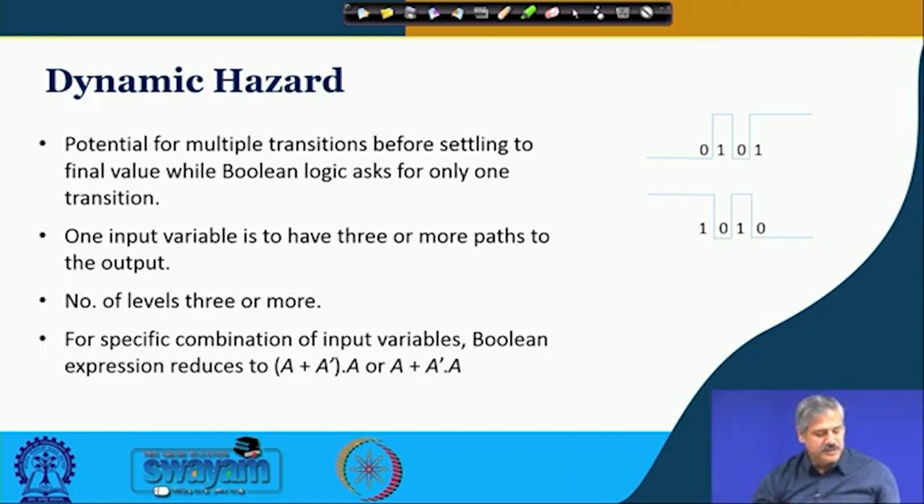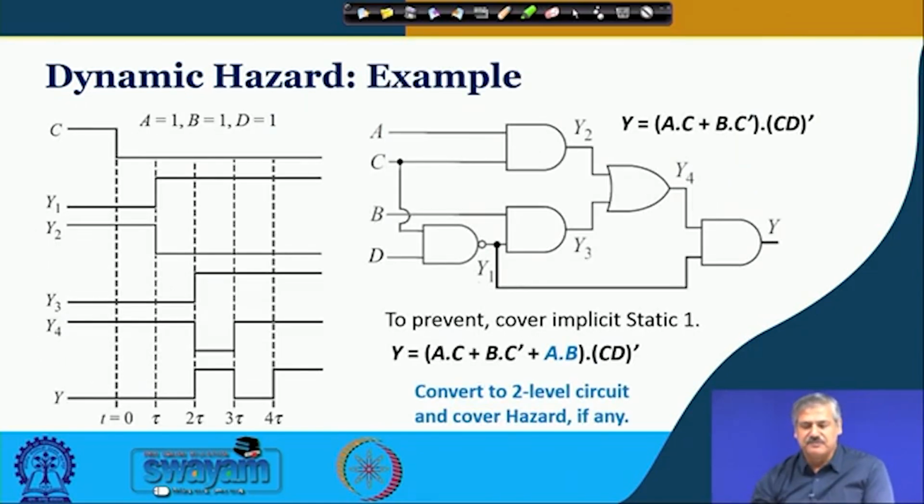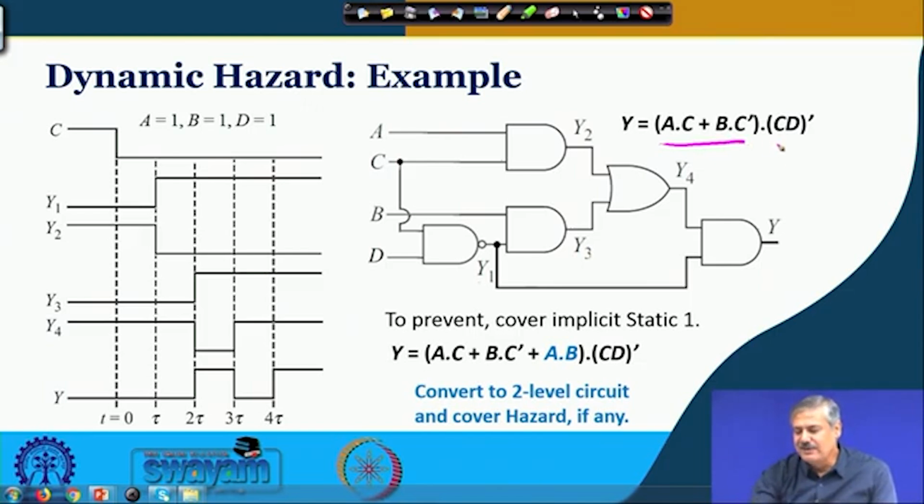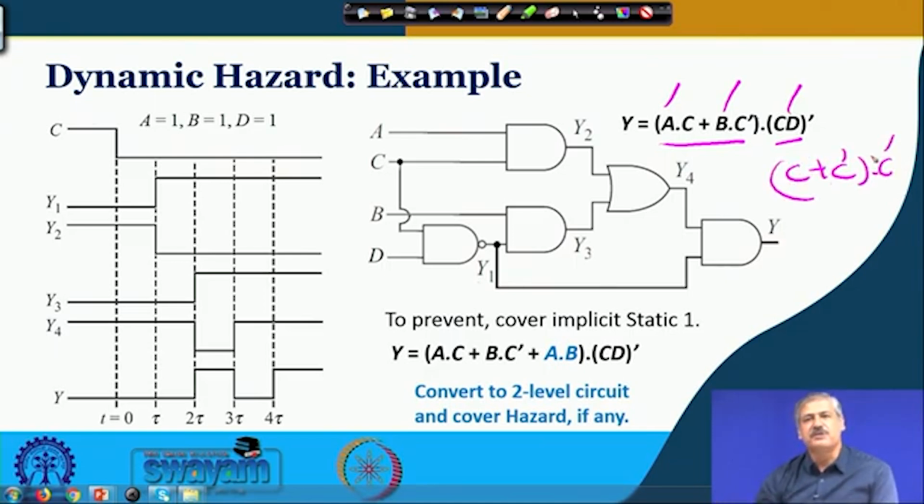Okay. So, we will look at one example. Here you can see AC plus BC prime, ANDed with CD prime, and we are looking at a situation when A is equal to 1, B is equal to 1 and D is equal to 1. So, potentially you can see C plus C prime and C prime, this kind of situation emerging.